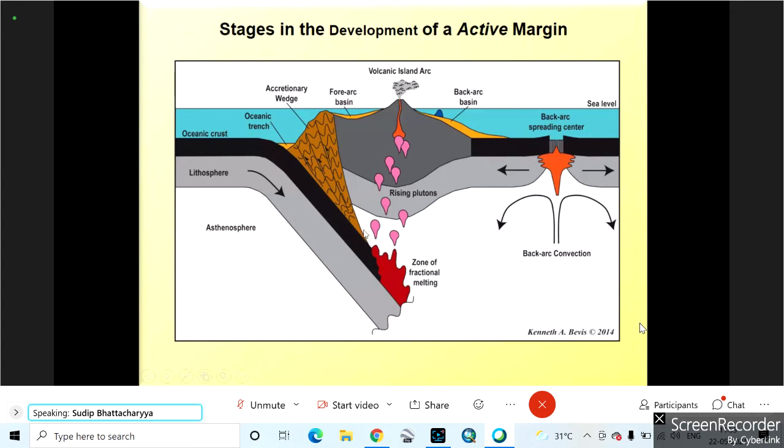This is called Steinmann's Trinity. That is, the three things are there, pelagic sediments and the others, all are there. So that's why it is the accretionary prism.